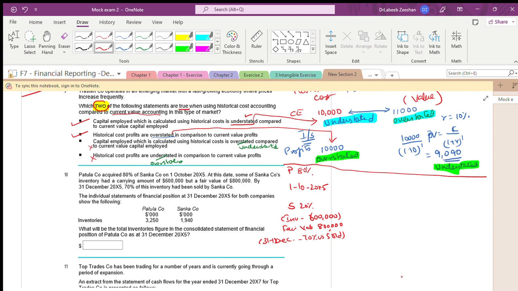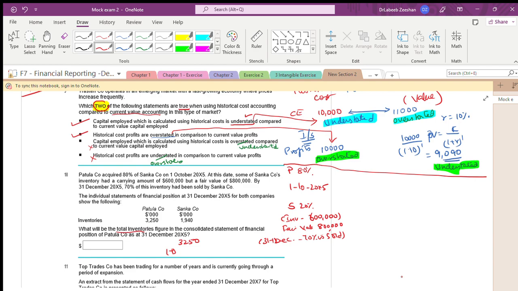What will be the total inventory? Total inventory means 3,250 plus. We have to remove the unrealised profit on the unsold inventory.